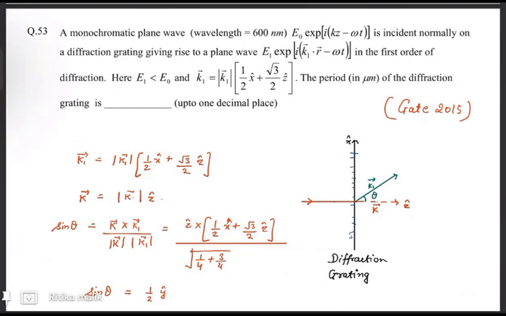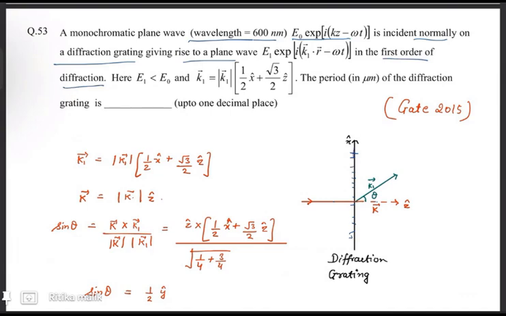In this question, it was asked: a monochromatic plane wave of wavelength 600 nanometer is given by this expression, and this plane wave is incident normally on a diffraction grating, giving rise to another plane wave in the first order of diffraction.